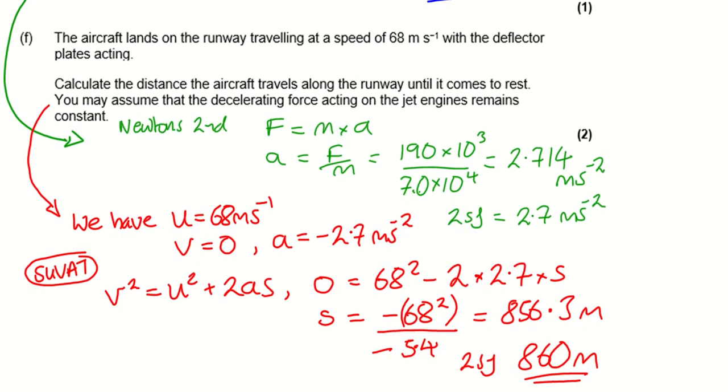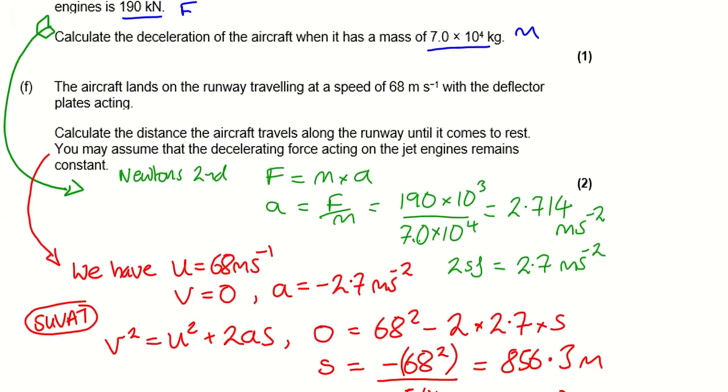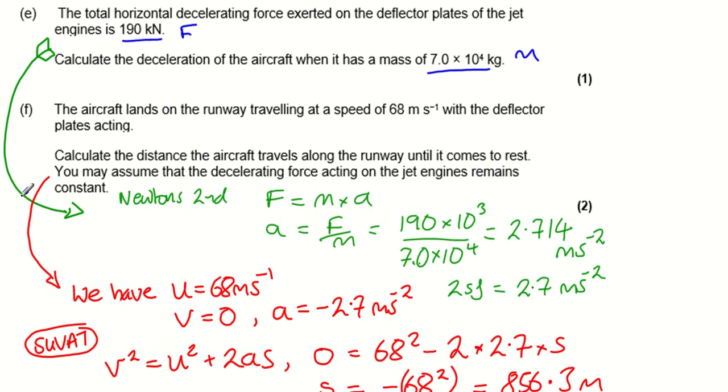Right, and then the next one is a bit trickier, but again it's only GCSE stuff. It lands on the runway at that speed, and they want you to find out how long it can go until it comes to rest, meaning v equals 0, and 68 meters per second is your initial velocity.